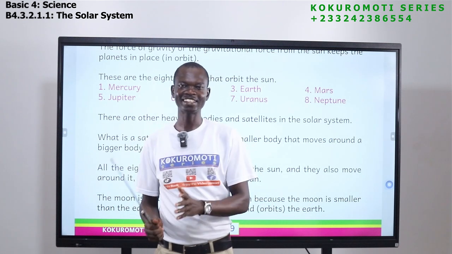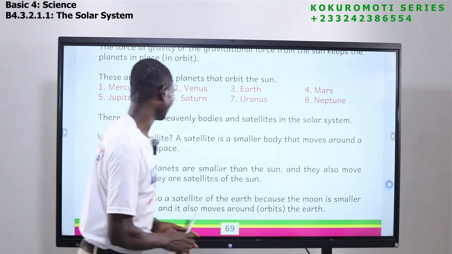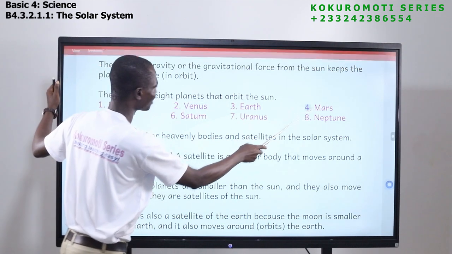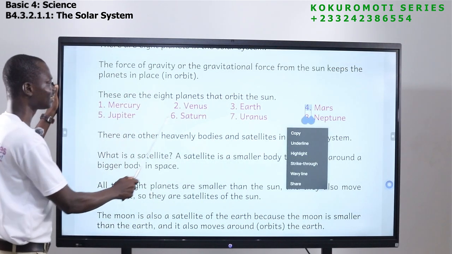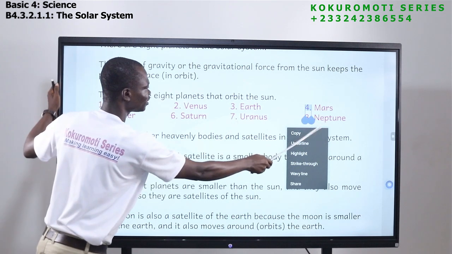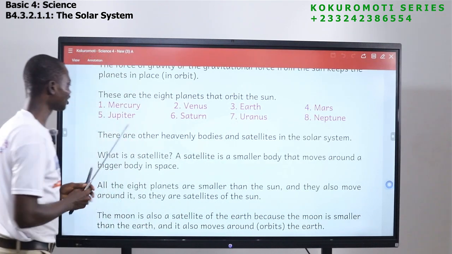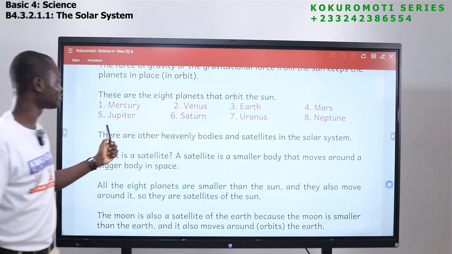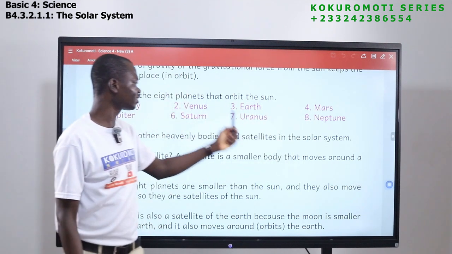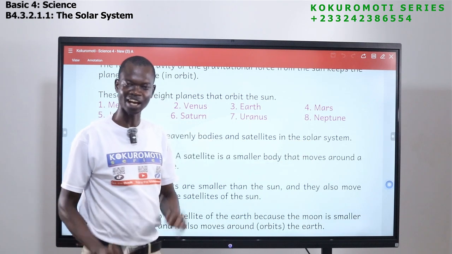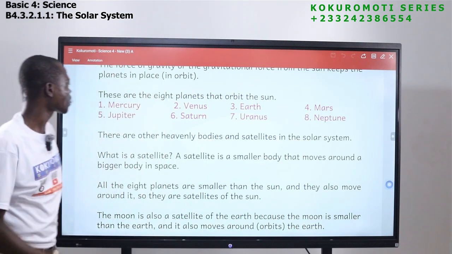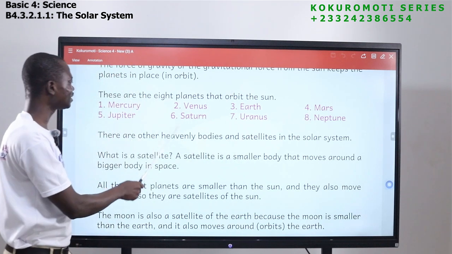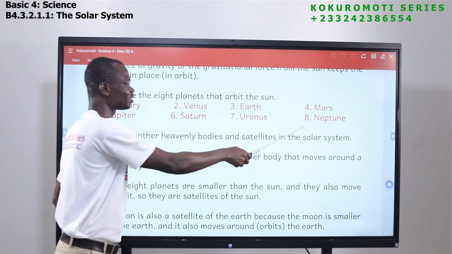Mercury, Venus, Earth, Mars, Jupiter, Saturn, Uranus, Neptune. Let's go again. Mercury, Venus, Earth, Mars, Jupiter, Saturn, Uranus, Neptune.